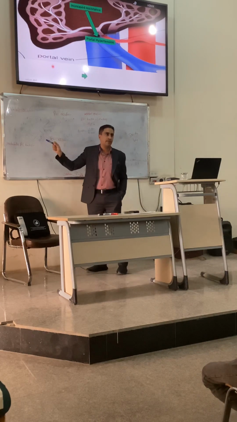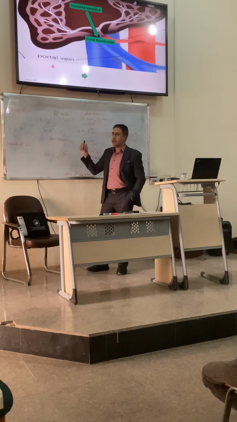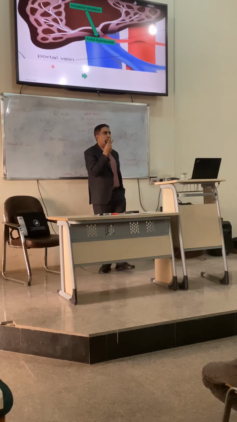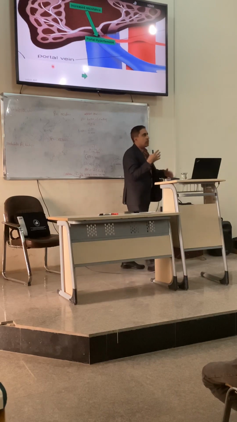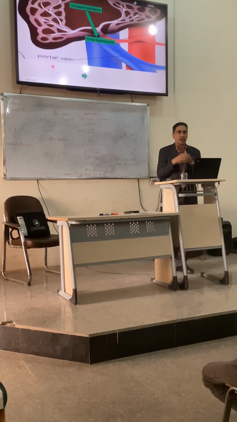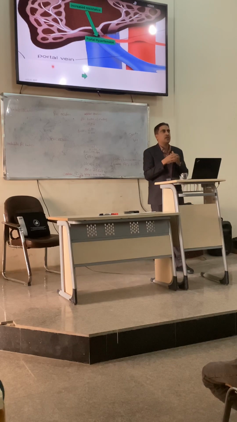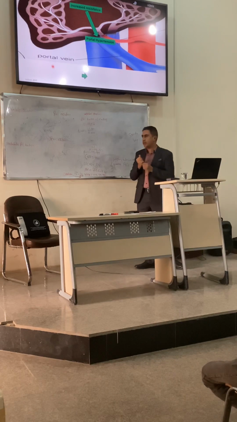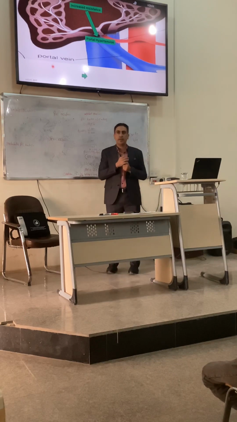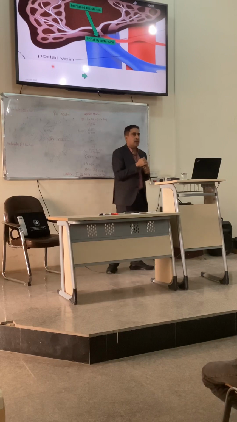So there are two sites of communication between the portal circulation and the systemic circulation. What are they? So the lower esophagus, and the second? Lower rectum.